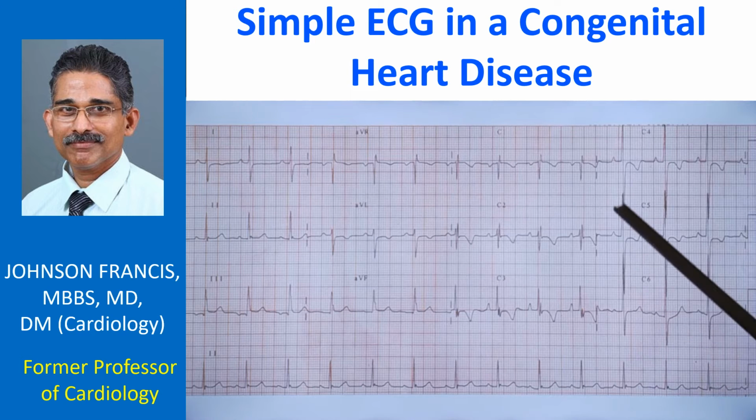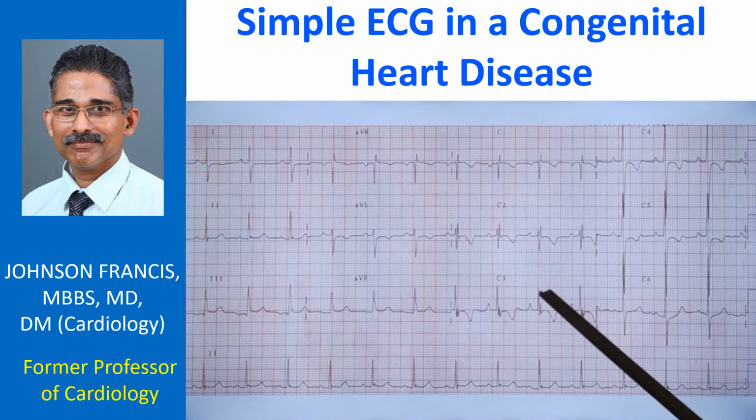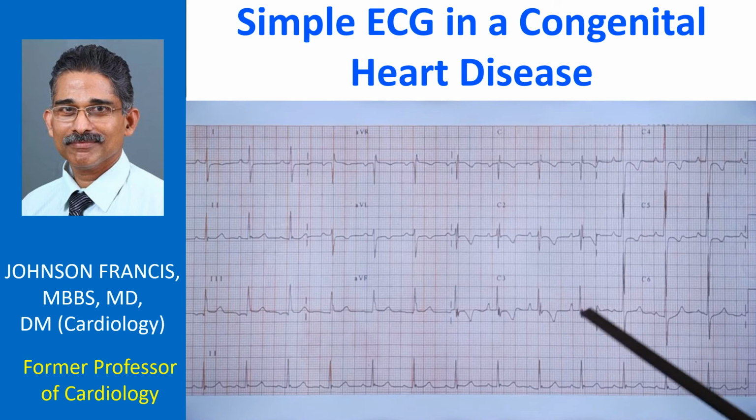So this person has features of incomplete right bundle branch block, extensive anterior T inversion, evidence for right ventricular hypertrophy as deep S wave in V6, as well as left ventricular hypertrophy with tall R waves in V6.